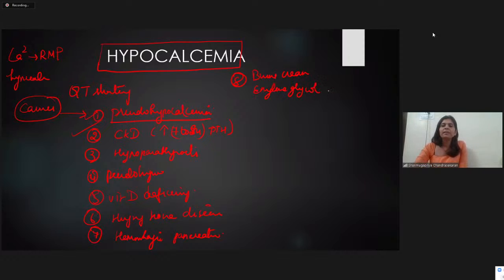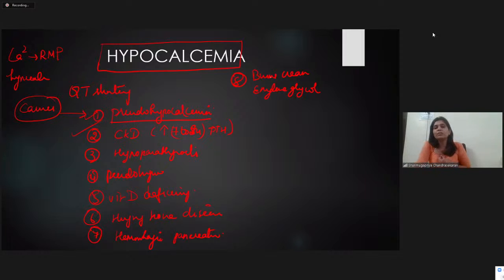So when it is applied on a larger surface area, ethylene glycol gets metabolized to form oxalic acid. Oxalic acid forms oxalate anion, and that binds calcium, and that causes hypocalcemia. So these are the rare causes of hypocalcemia. So hypercalcemia is more common than hypocalcemia. For sodium, it is hyponatremia which is more common. For calcium, it is hypercalcemia which is more common.